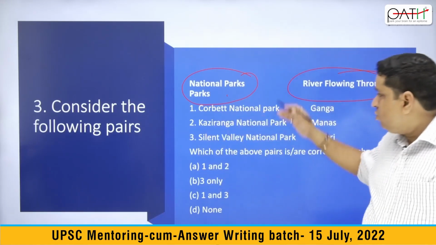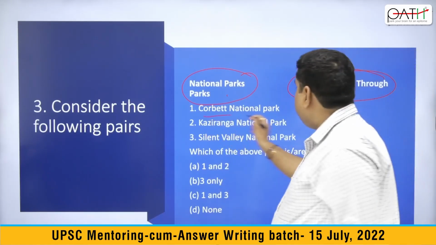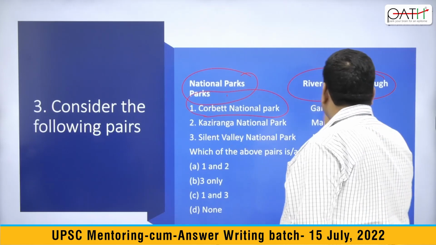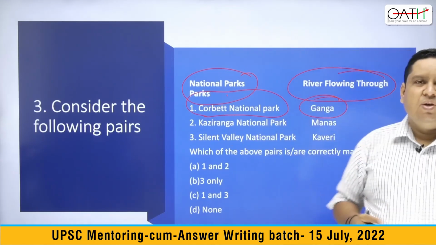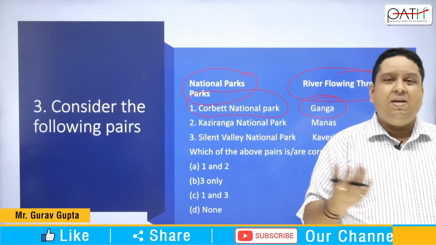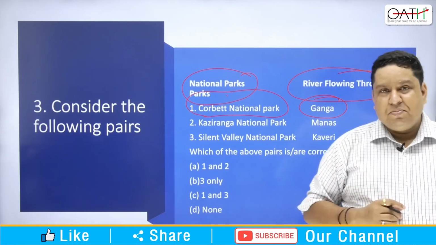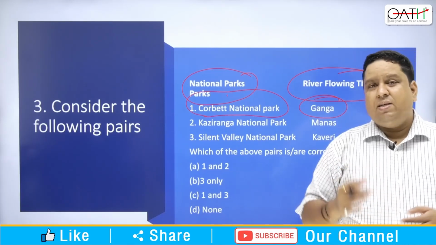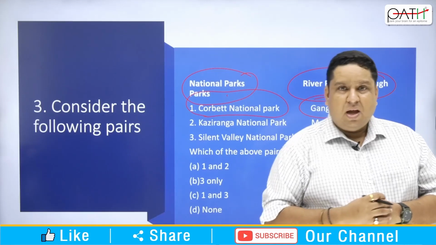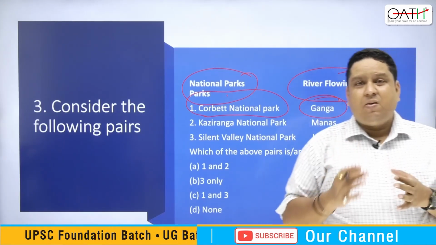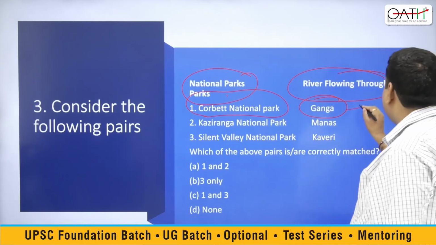As far as this question is concerned, Corbett National Park is located in North India. It is located in Ramnagar district, and it is basically drained by a river known as Ram Ganga.